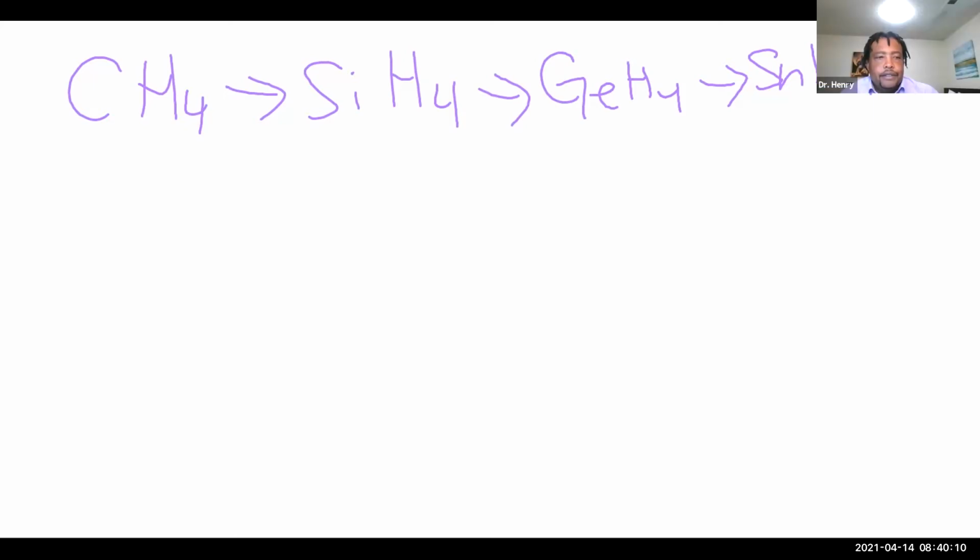Okay, I don't know if that's going to work in every situation. In this case, since they're all in the same group, it's going to work out. But let's say they weren't in the same group and they just happened to have the same molecular weight. Would we expect those to have the same boiling point?